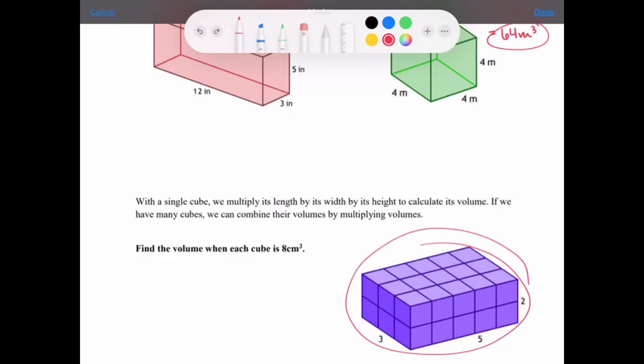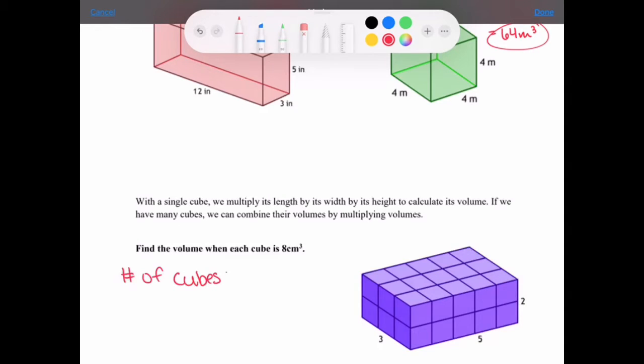All right, so first thing we have to look at is number of cubes. Okay, how many cubes do we have? So we have 3 cubes here, times 5 cubes here, times 2 cubes here. We just multiply those like we're finding the volume in cubes, sort of. So 3 times 5 times 2, and we have a total of 30 cubes.